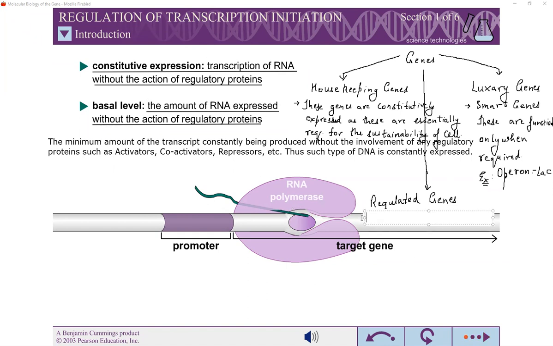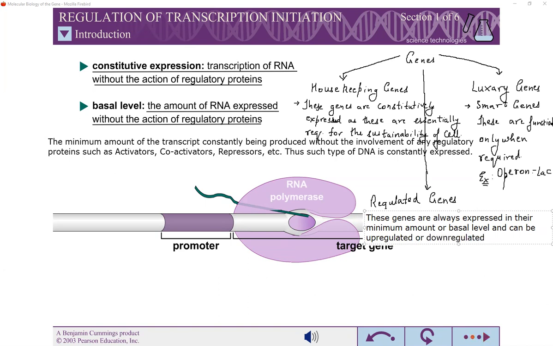These genes are always expressed in their minimum amount or basal level, and can be upregulated or downregulated.